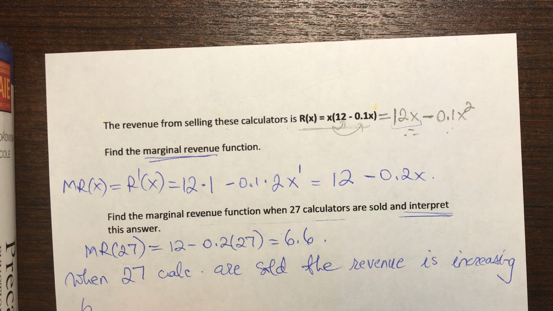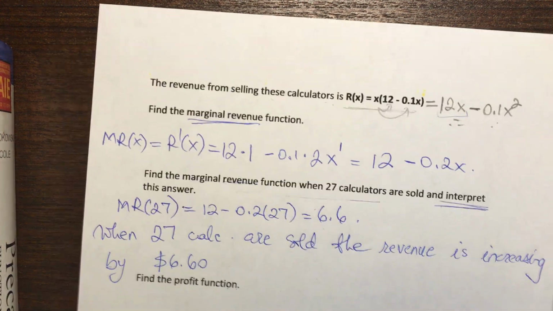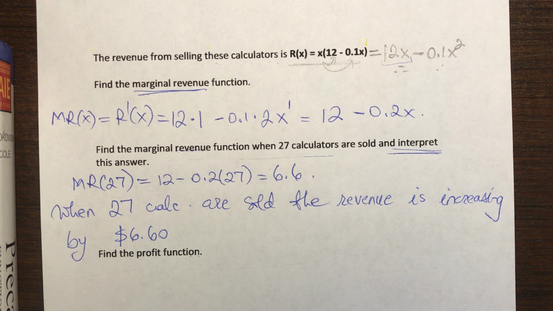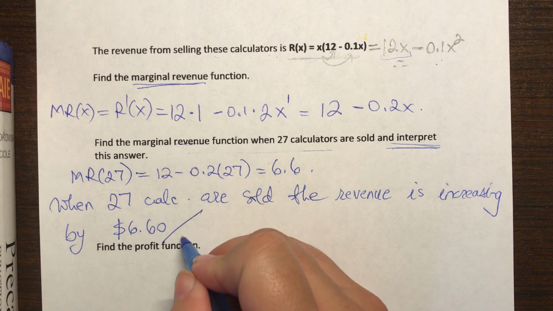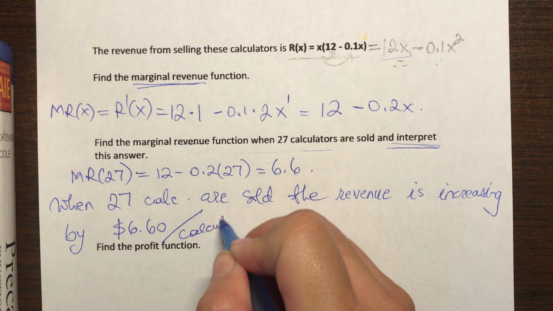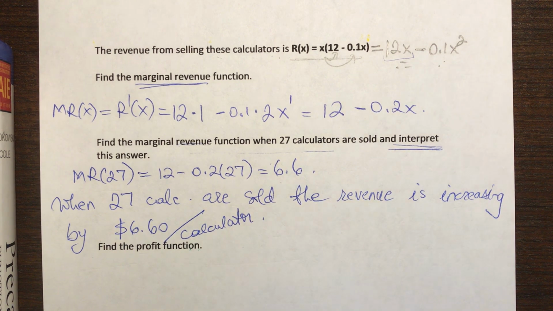By how much? This is a dollar amount, right? Revenue is dollars. $6.60. I'm going to write it with 2 decimal places, per calculator. There you go.